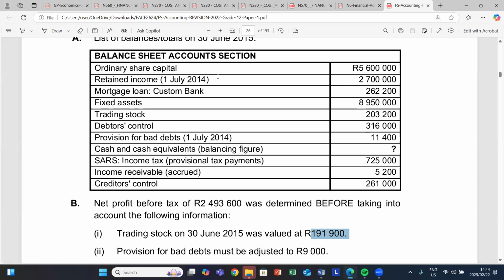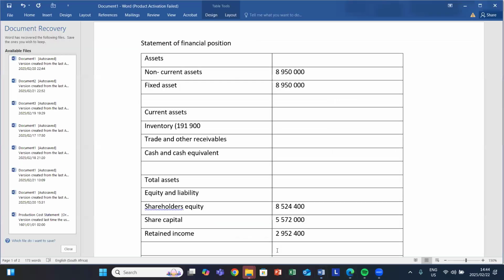Let us check in our trial balance whether we have such transactions. We have ordinary retained mortgage, fixed asset, trading stock, debtors, provision for business, cash and cash. So we don't have it. So it simply means that for inventory, this will be our final answer, 1,191,900. And then we go to trade and other receivable.